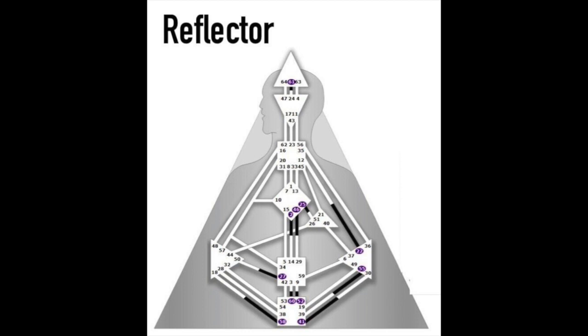And so it's important to know when you're dealing with a reflector, and to be very respectful of their energy and try to not project your own energy onto them, because they are very susceptible to that. When they walk into an environment, they can really read the room, but they also don't know how to separate themselves from the energy around them.